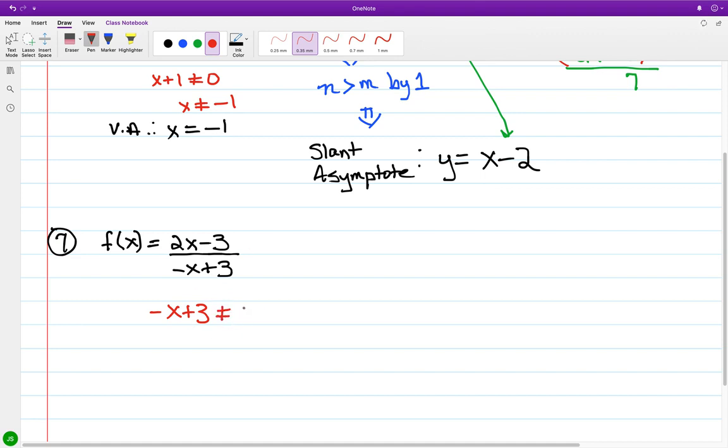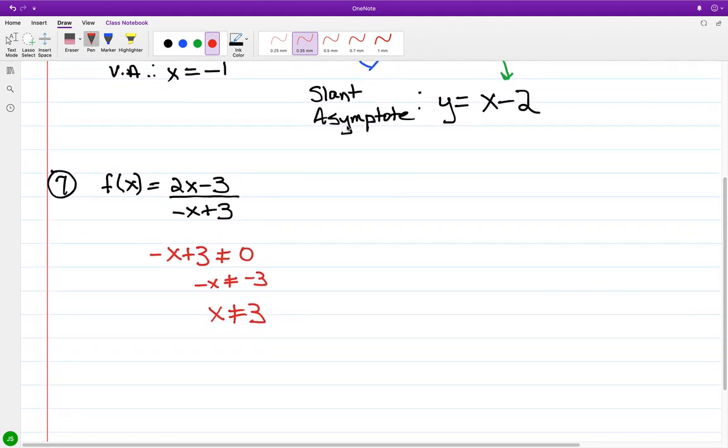So here, negative x plus 3 cannot be 0, and if I take away 3, negative x cannot be negative 3, so x cannot be 3. We have excluded from the domain the value of 3, and so we're going to have a vertical asymptote at x equal to 3.